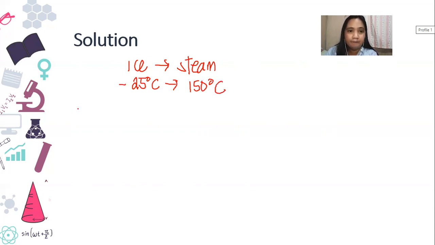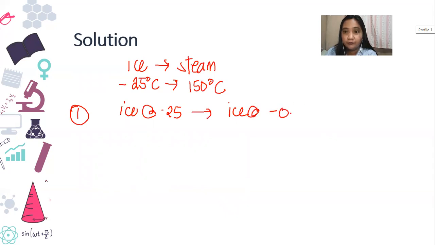So first step, you have to analyze ice at -25 becomes ice at 0.